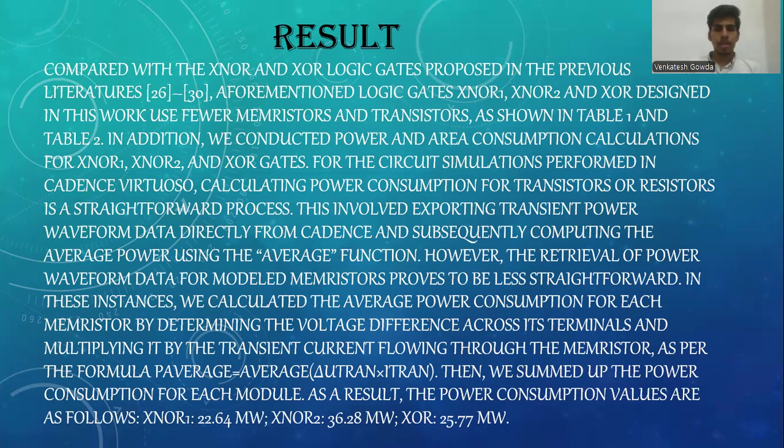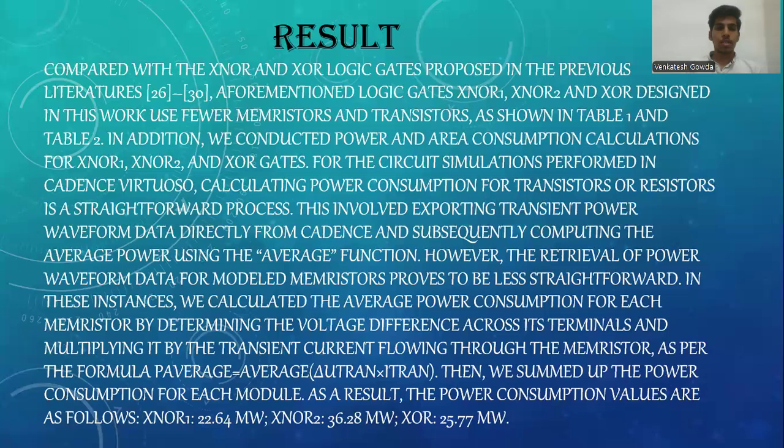For the simulations performed in Virtuoso, calculating power consumption for transistors or resistors is a straightforward process. This involved exporting transient power waveform data directly from Cadence and subsequently computing the average power using the average function. However, the retrieval of power waveform data for modeling memristors proves to be less straightforward.